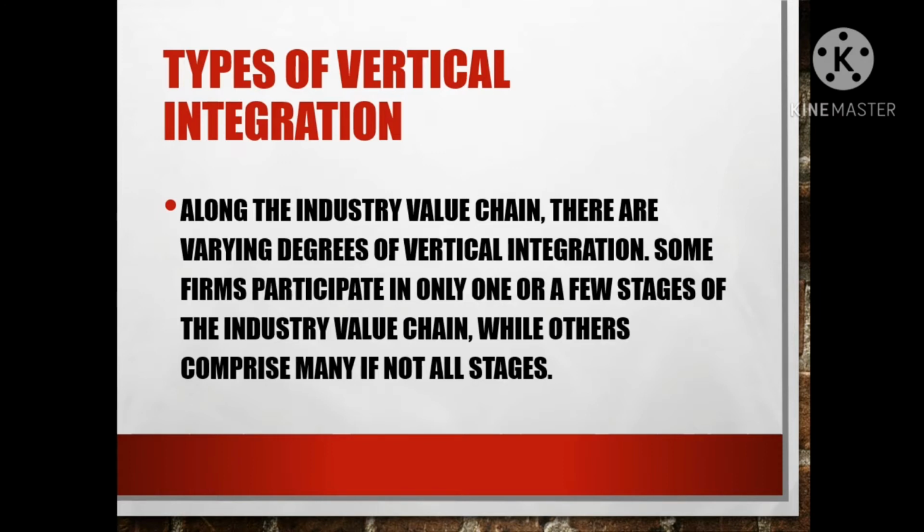Types of vertical integration. Along the industry value chain, there are varying degrees of vertical integration. Some firms participate in only one or a few stages of the industry value chain, while others comprise many, if not all, stages. An example of that is Weyerhaeuser, one of the world's largest paper and pulp companies, which is fully vertically integrated.